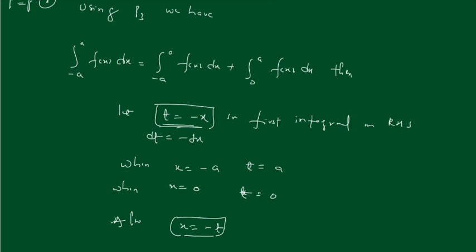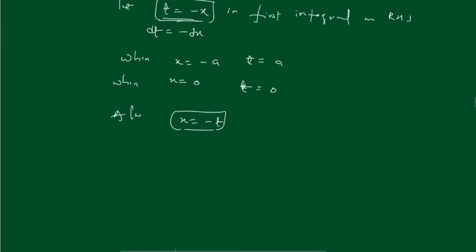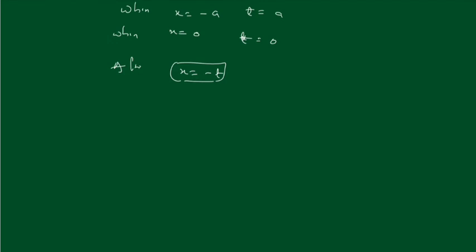So therefore the integral from minus a to a of f of x dx equals the integral from minus a to 0 of f of minus t. Just substitute the values in the first integral.